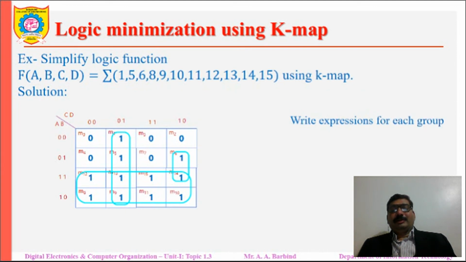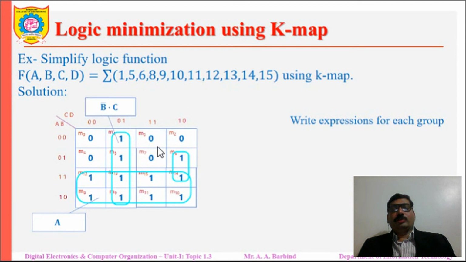Now we can write the expression. The expression for the octet is A. Here you can see that A is 1, B is changing, C and D are changing as you go across this octet. Then let us write the expression for this quad. Here you can see that AB are changing and CD is constant, 0 and 1.